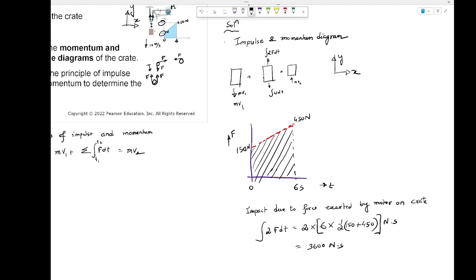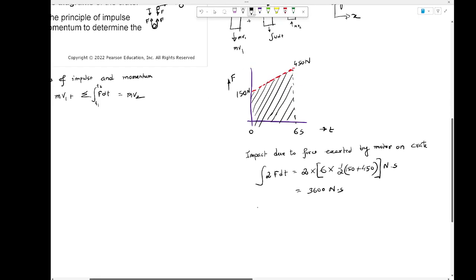Instead of doing the integration, because I don't have an equation for F directly, you can find the straight line equation and do the same thing, but it doesn't make any sense. It's very straightforward. You can find it this way. All right, if you find that, there's another impact due to the weight, right? So let's find that. So impact due to the weight.